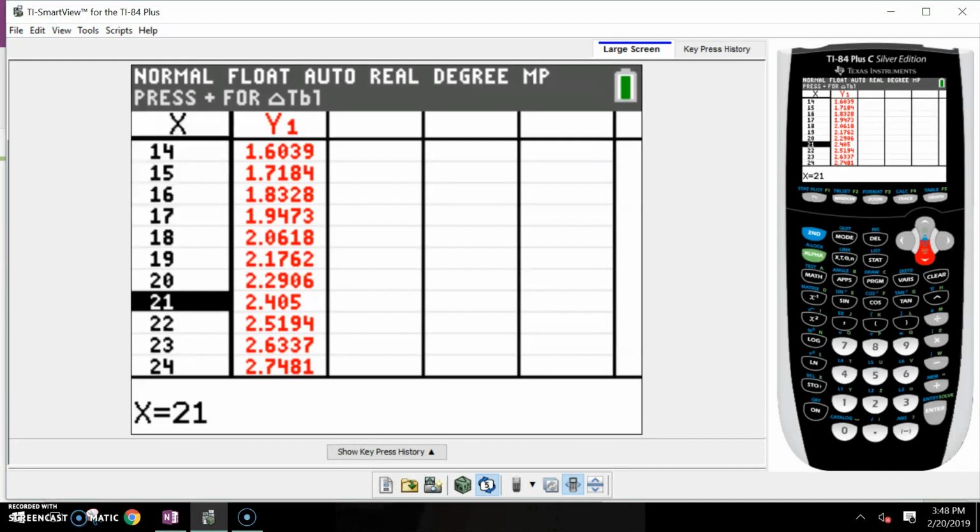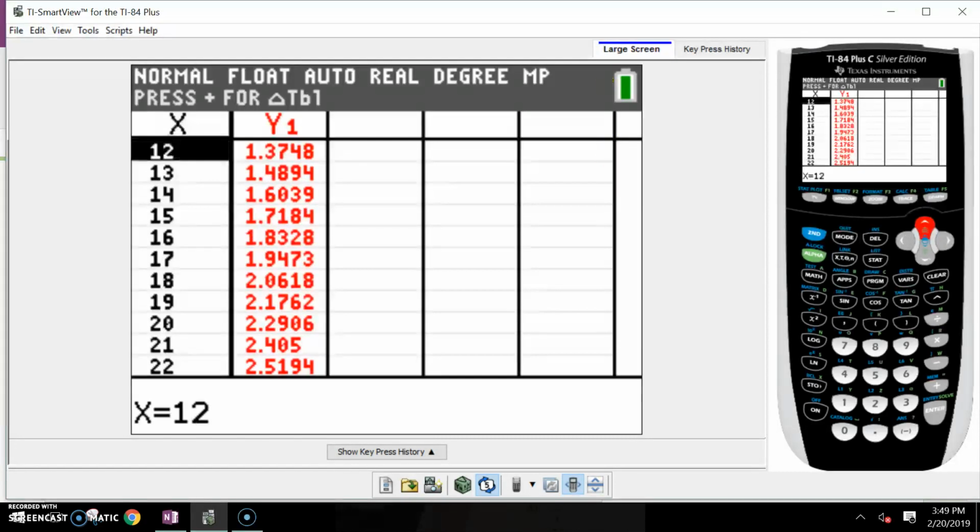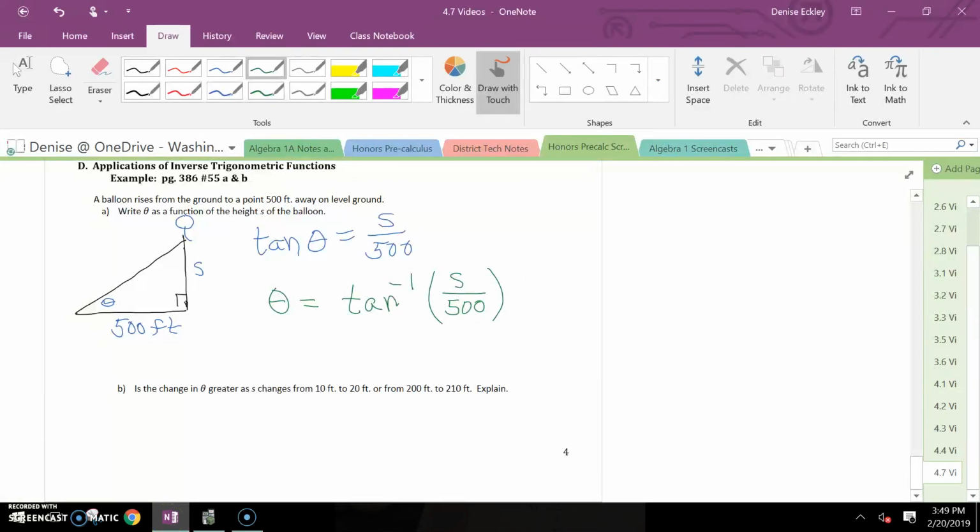At 20, the value is 2.29 degrees, and at 10, it is 1.145. So let's write those down so we have them. So at 10 feet, we're at 1.145 degrees, and it changes to 2.29 degrees. Okay, so that's from 10 to 20 feet.